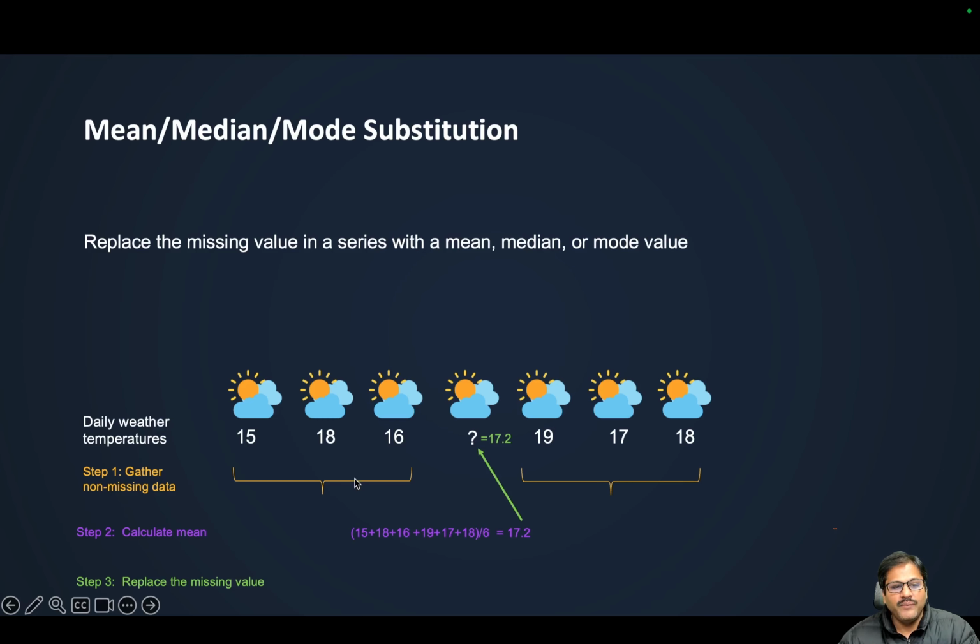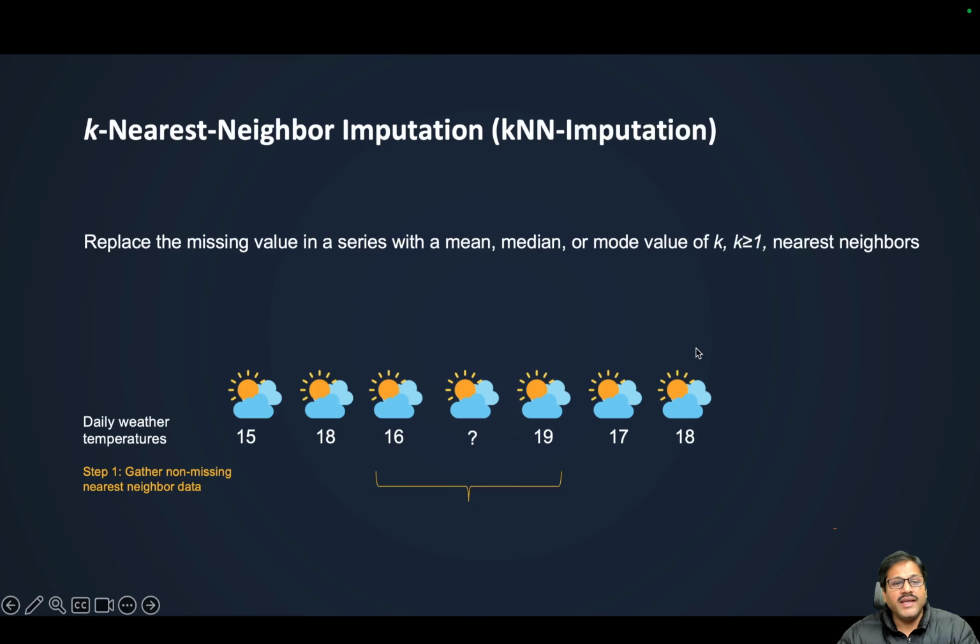For example, assume the temperature of this day primarily depends upon the before day and the later day. In such cases, if you want to use only a portion of the data to predict the missing value, then we call it k nearest neighbor.